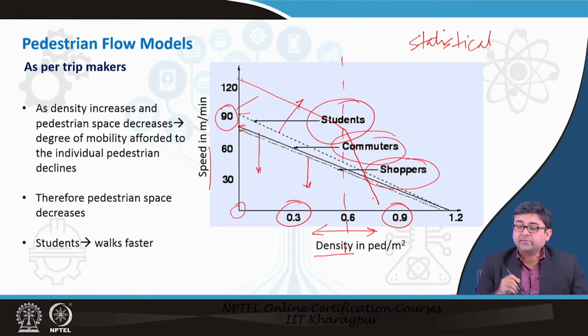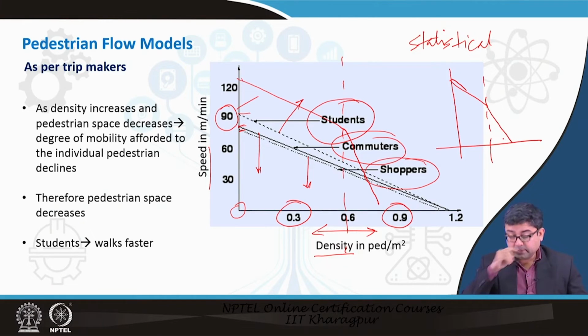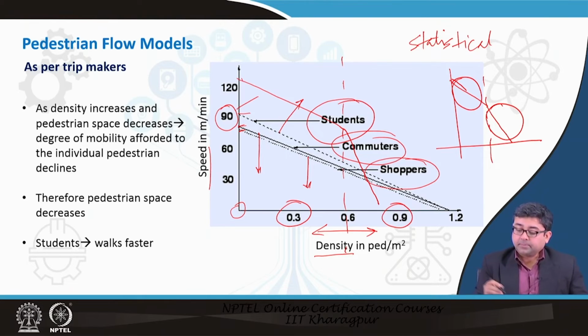When you have such a model, they are called two regime models. If I draw the same thing here, in a two regime model, the slope up to a certain density is this, whereas beyond that density the slope changes. Then you can make a distinction that these two both represent the students only, but beyond a certain density they have different behavior.